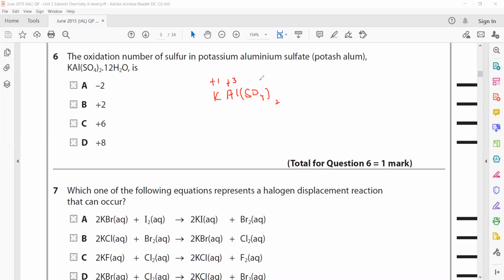The valency of a sulfate ion is -2. KAl will be overall plus 4 and SO4 is -2. When we simplify, 2 is to 1, and the formula will be KAl(SO4)2. So SO4 overall valency is -2.